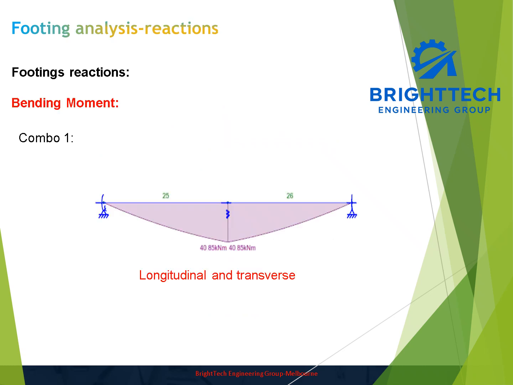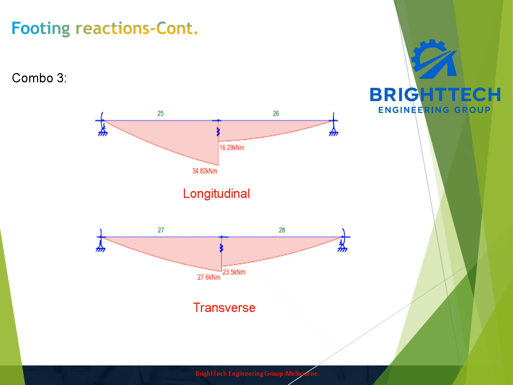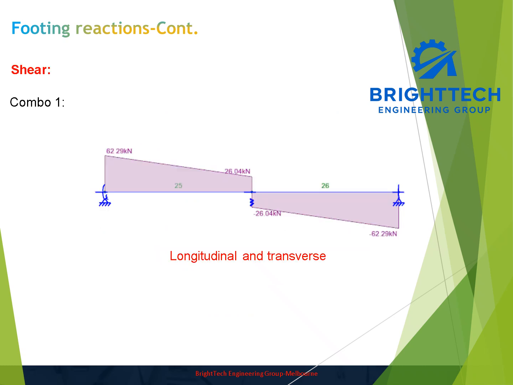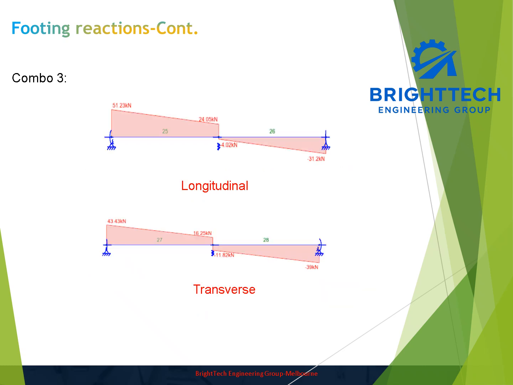And here we have the typical footing reaction for the combination 1, and here is for the combination 2 in longitudinal direction, transverse direction, and here is for load combination 3. And the shear forces also could be found for the longitudinal and transverse forces. And here is for the combination 2, and this is for the combination 3.